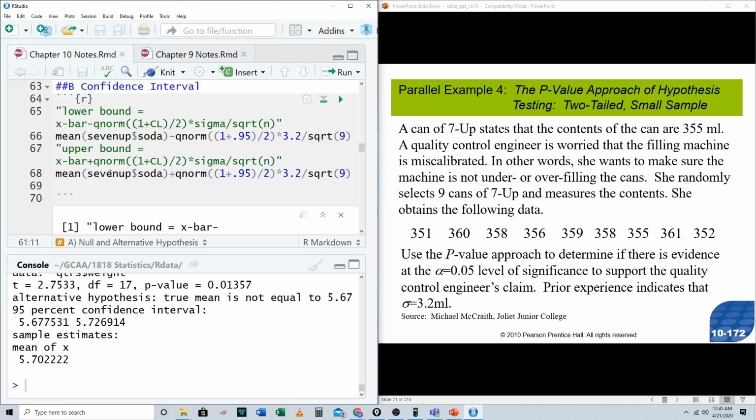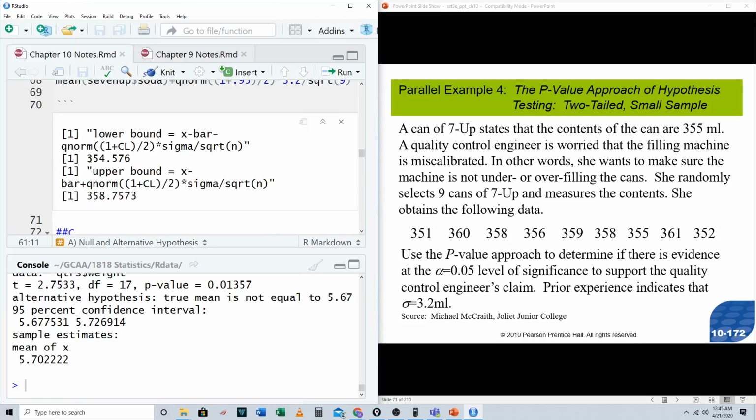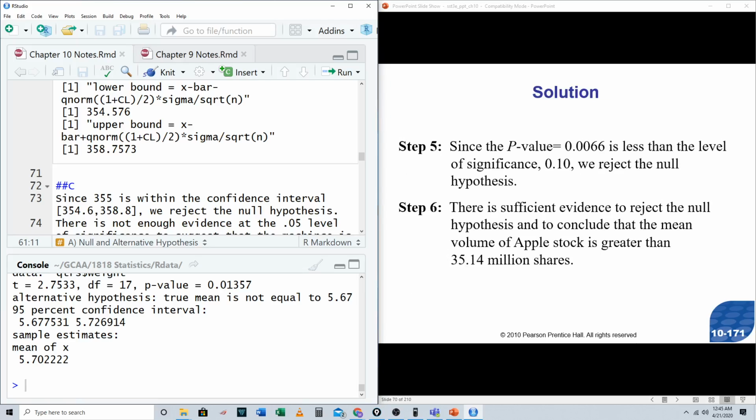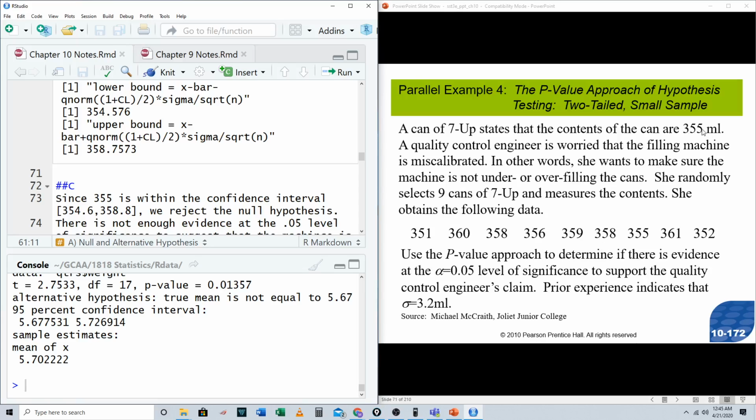All right. And here's our confidence interval, 354.6 and 358.8. So now the idea is, if the understood mean, the value they expect to have, is inside the confidence interval, that means we're safe. Nothing's wrong. We fail to reject the hypothesis.